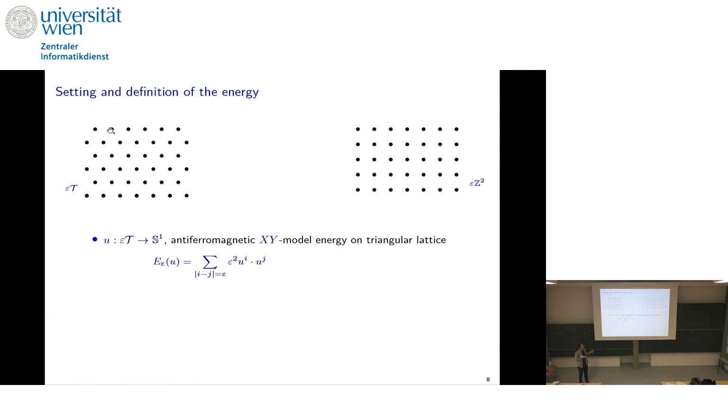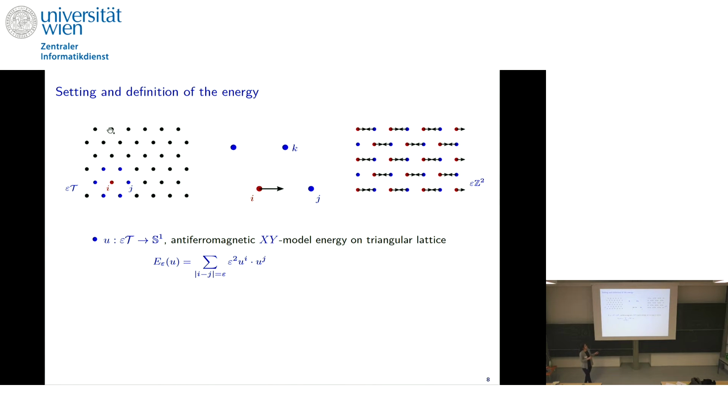Well, this is just a picture for nearest neighbors, and we have seen that on the square lattice, I can minimize all pairwise interactions, and I get a global minimum. So I can put antipodal neighbors on 2 sublattices. This changes if I go to the triangular lattice, and this is what is called frustration.